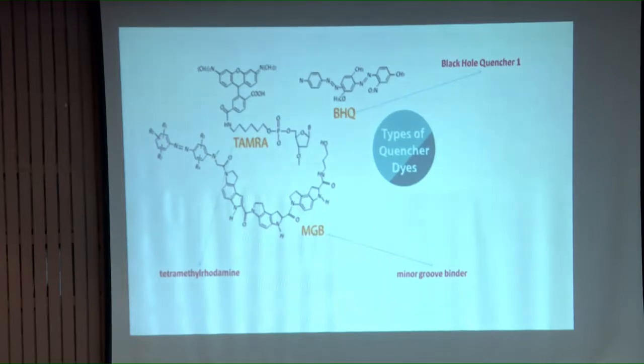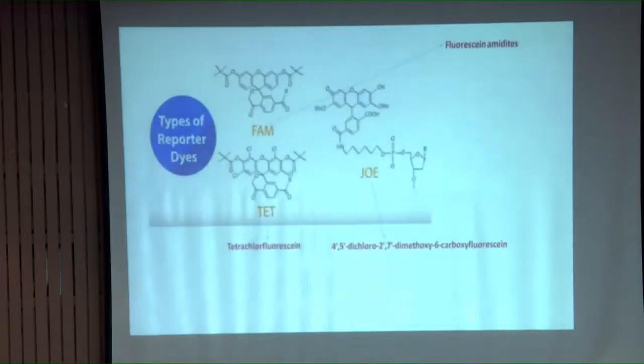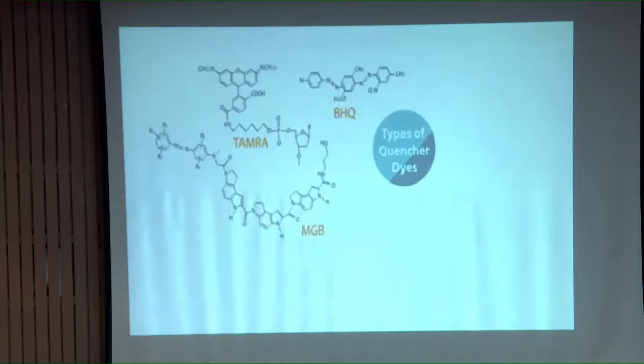And MGB is nothing but minor groove binder, right? So your SYBR Green also comes under this category, minor groove binders. So this is an example for quenchers. The previous one was the example for reporters. So remember, the common name is reporter. So you have some choices here, you have the quenching choices here, right?